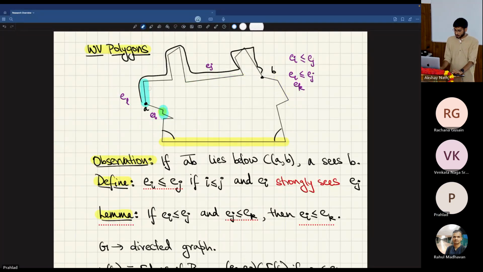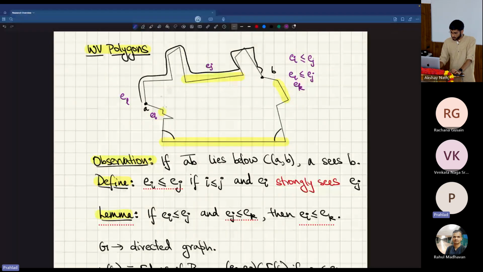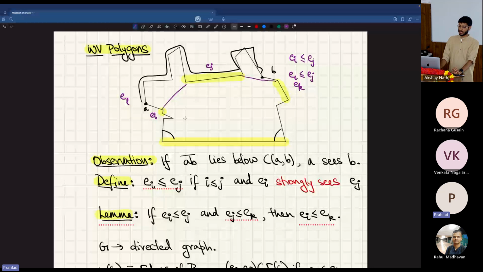If I have EI, EJ, and EK, the claim is that we have a convex subpolygon. So here it is. It's essentially the convex hull of these edges, right?